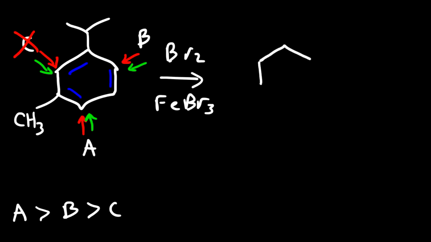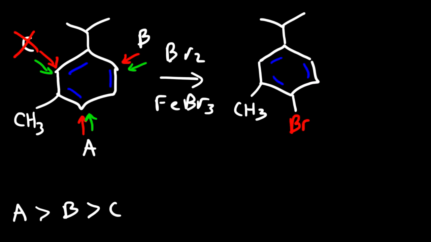So let's draw each product that we're going to get. So here's the first product with the bromine atom on position A. And as we said before, this is going to be the major product.